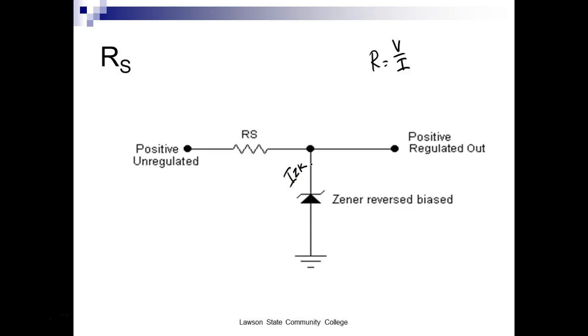So if my input voltage goes up, I move above IZK. If my input voltage goes down, I move toward IZK. So we want to make that thing always be above IZK. So what voltage are we going to use to calculate that resistor? The minimum voltage or the maximum voltage?